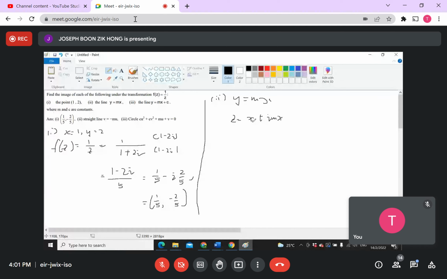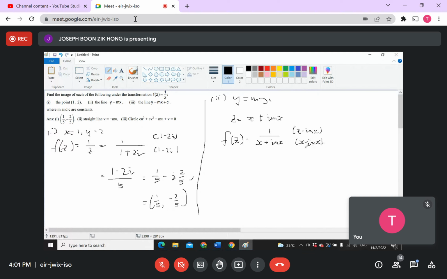So what would be f(z)? It will be 1 over x plus imx. If you want to continue, you can: multiply by x minus imx over x minus imx. But it will be quite long to proceed.